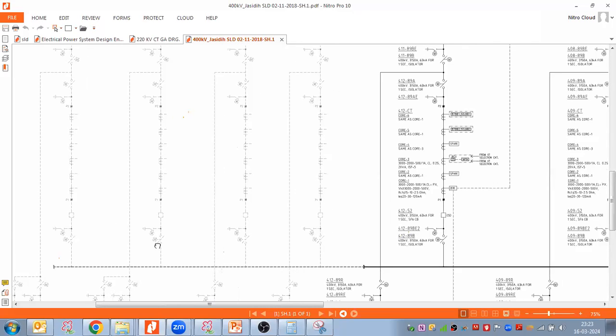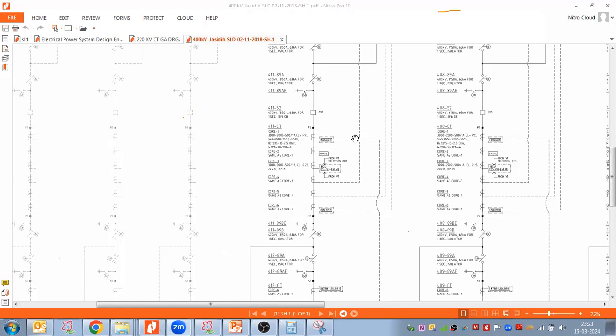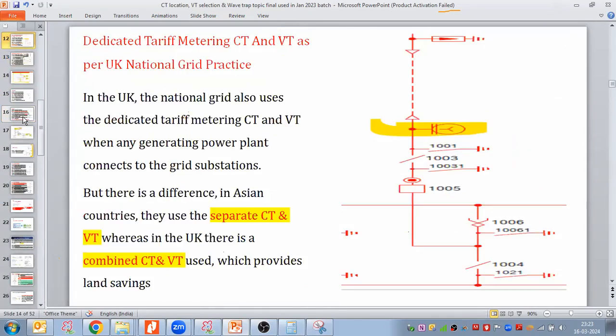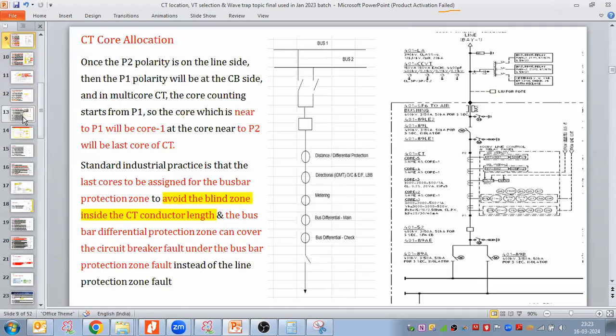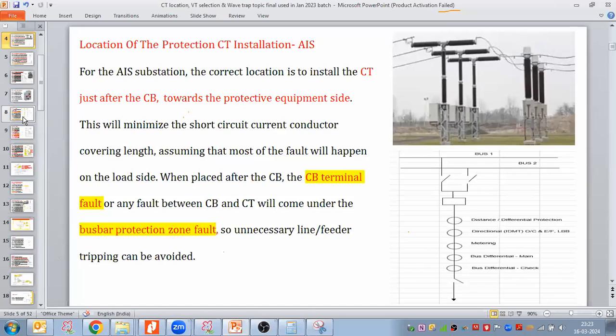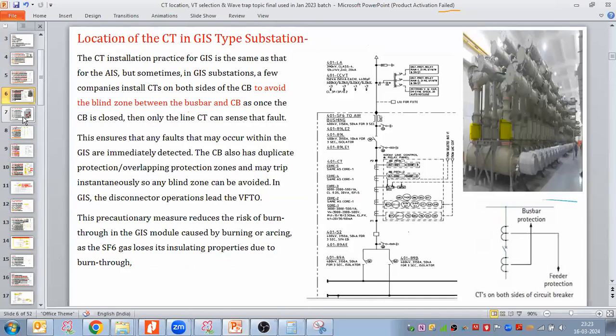And sir, in case the CT cores are placed on both sides of the CB, how can we define P1, P2 on both sides? Same as we discussed. I think you should revise the class, then come back. This point we already covered when we did the core splitting.